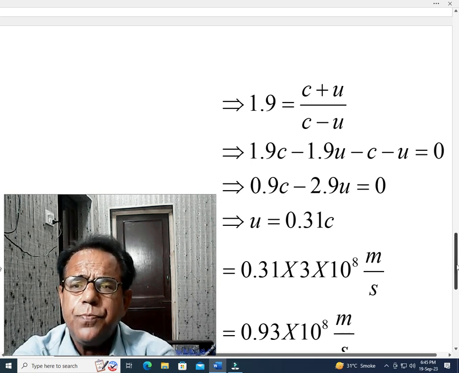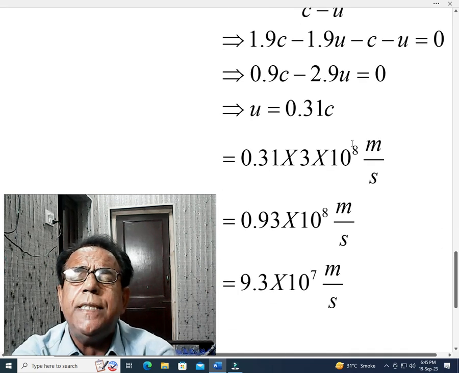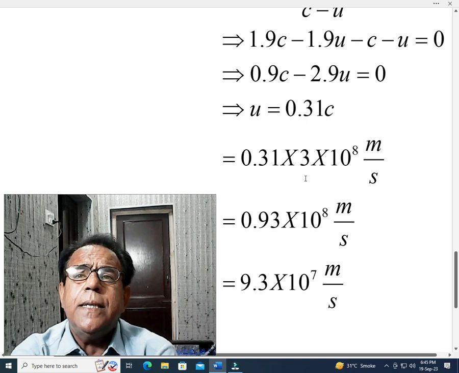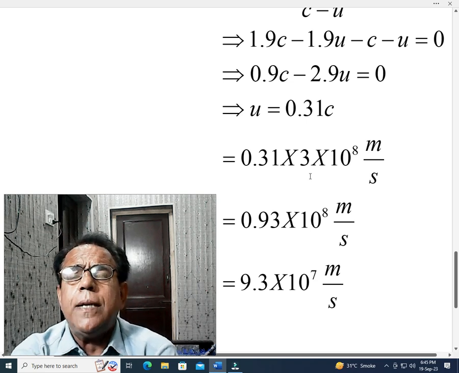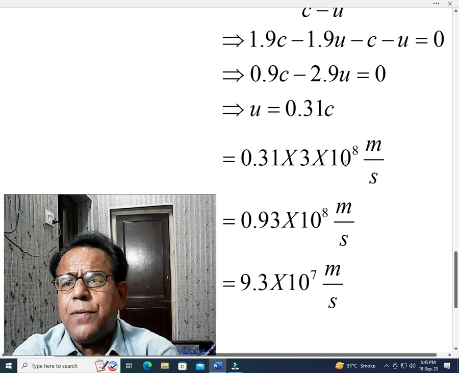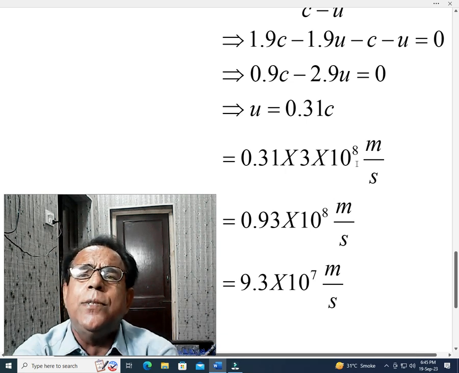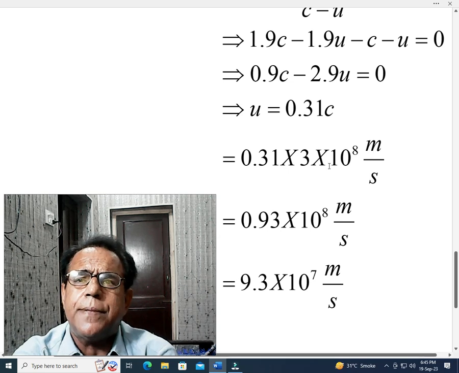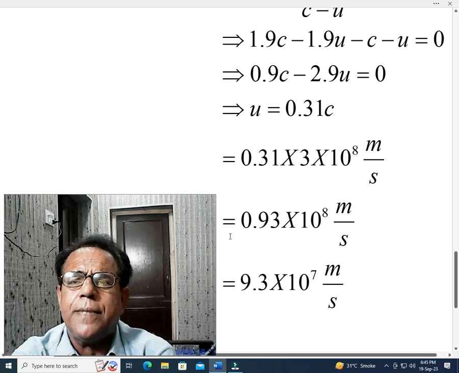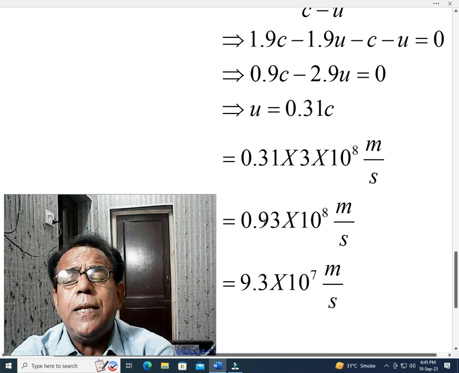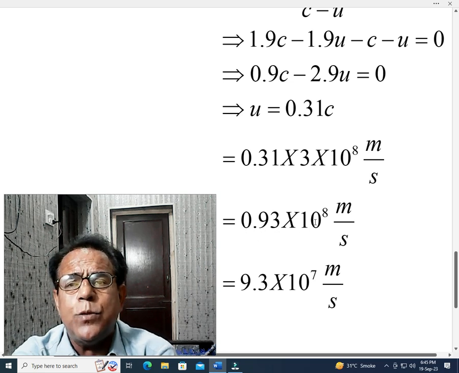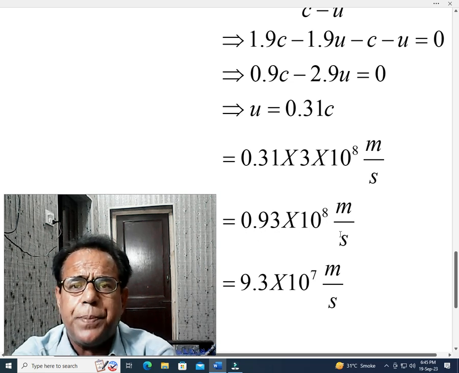We know that the value of c, the speed of light, is 2.998 into 10 raised to the power 8 meter per second, and we usually write it as 3 into 10 raised to the power 8 meter per second. After simplification, we get 0.93 into 10 raised to the power 8 meter per second.